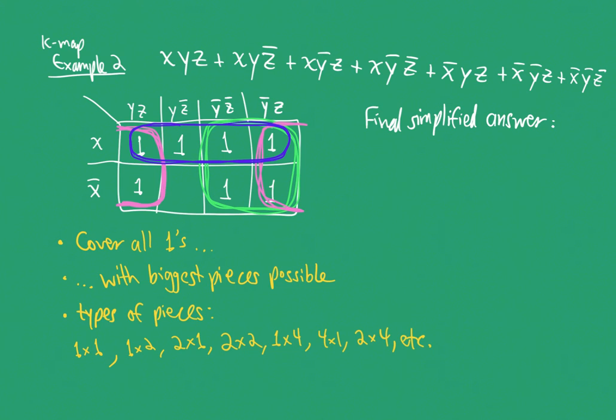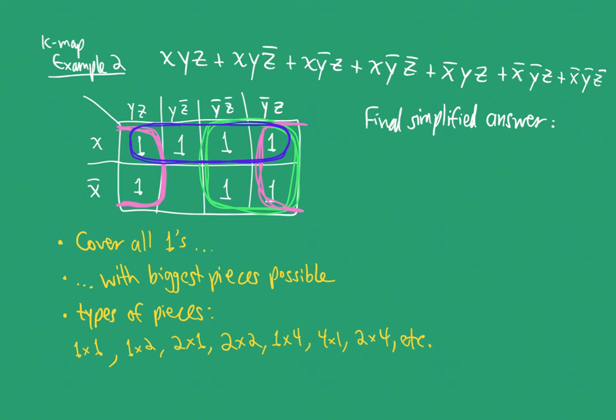And these overlaps that you're seeing are okay. You don't want to overlap so much that you have extra stuff you don't need. But we're doing the bare minimum of overlapping to get the biggest pieces possible.